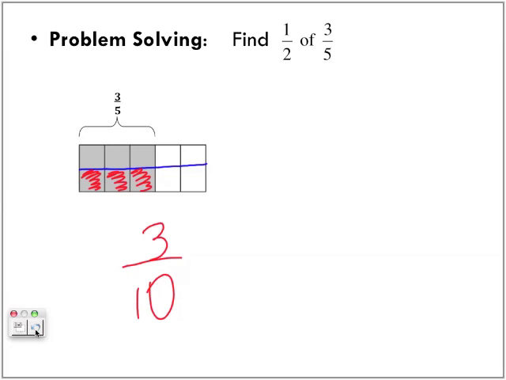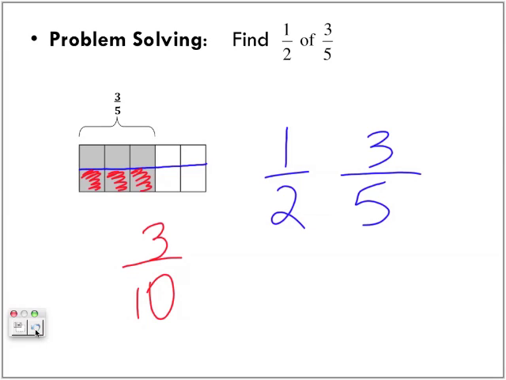Now, how would I have gotten 3 over 10 without having to use the diagram method? Multiply. Exactly. My main fraction is the 3 over 5, and I only want to find half of it. It's kind of like a discount: 50% off a pair of shoes.